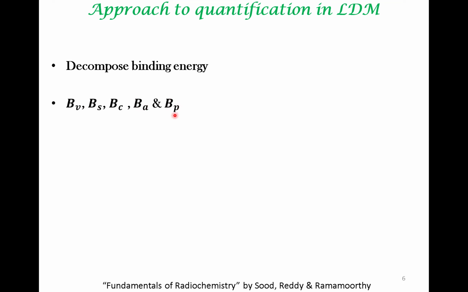And then there will be something called pairing energy, because neutrons and protons are fermions. That will also be incorporated. So the total energy of nuclear matter, which is to be modeled as a liquid, will be decomposed into these five terms, which will also give rise to five constants, which can be fitted to five nuclei.